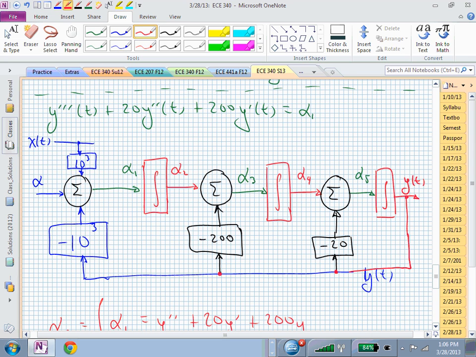So the input alpha is just 0. We could just erase that, couldn't we? We don't really need that signal. I'm going to leave it there, but for all intents and purposes, that's not there, is it?